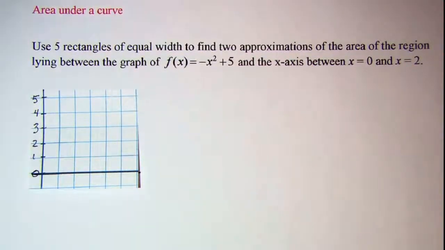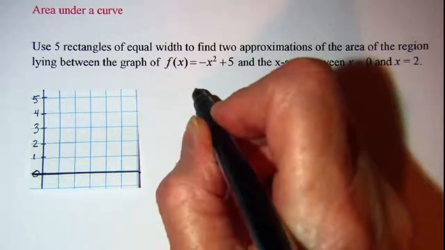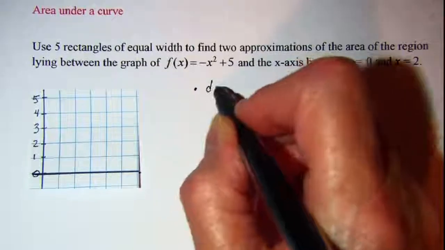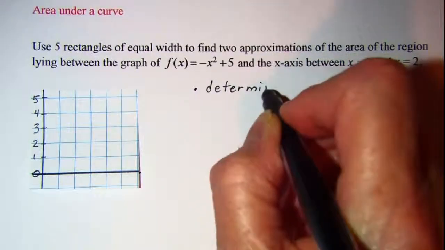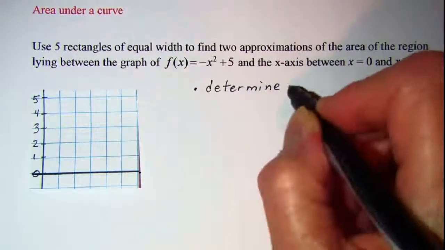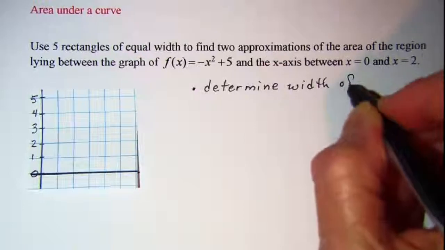Now I'm going to try to do this as closely to accurate as possible, and also give you notes as I go. Our first step would be to determine the width of the rectangles.